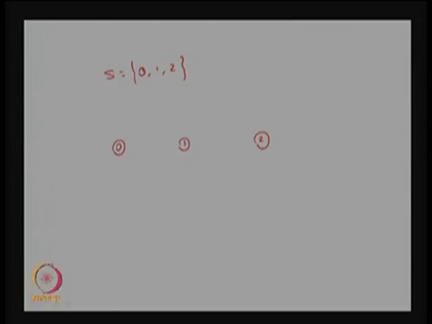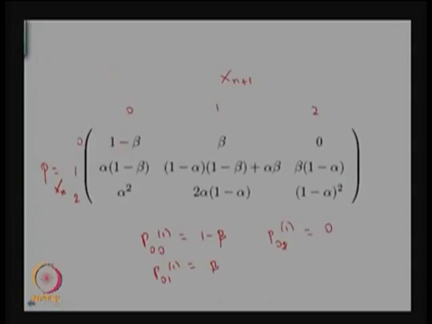Now, by seeing the one step transition probability matrix, you should make the arc from 0 to 0. A self loop is allowed if the probability is greater than 0. So, you should draw the self loop from 0 to 0 with the arc value 1 minus beta, and you should draw the arc from 0 to 1 with the arc weight beta.